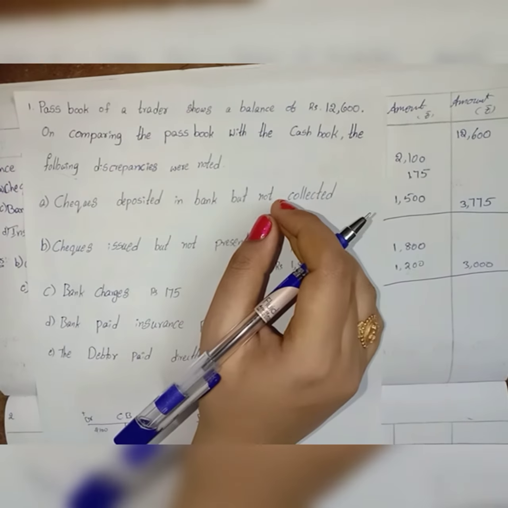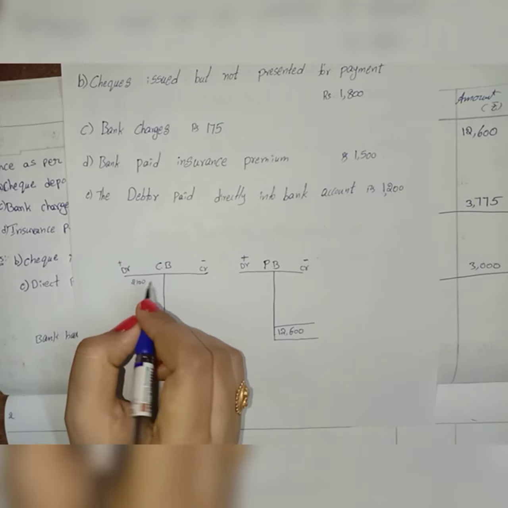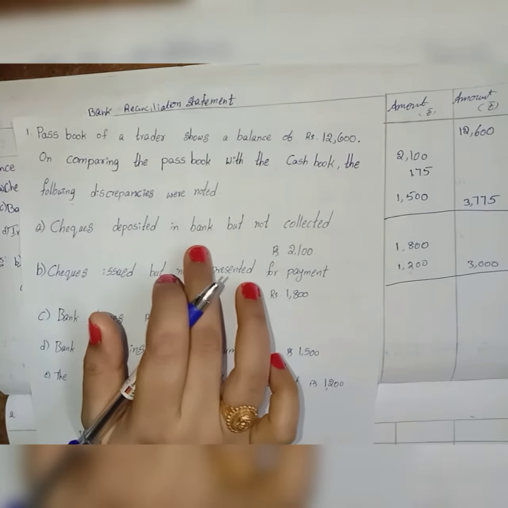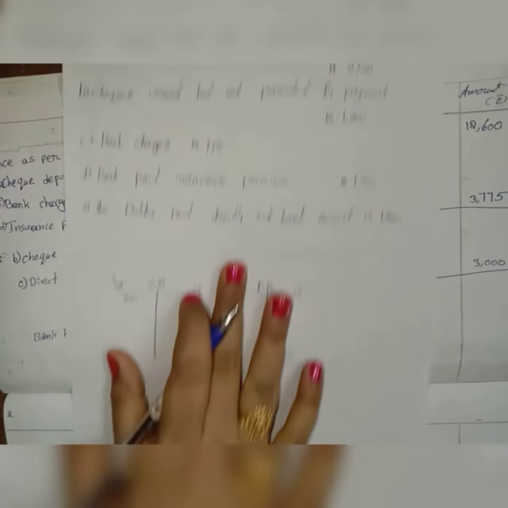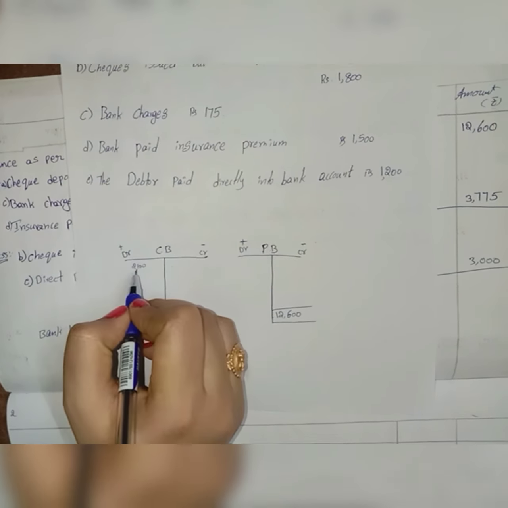We don't know up to the end of the month whether the check is collected or not. So the check deposited in bank is entered on the debit side of the cash book. So this is 2,100 on the debit side of the cash book.